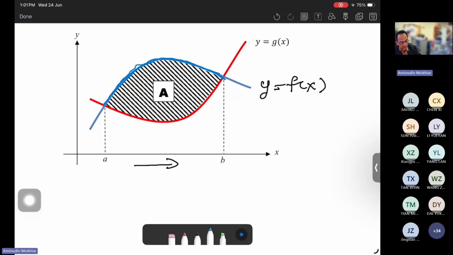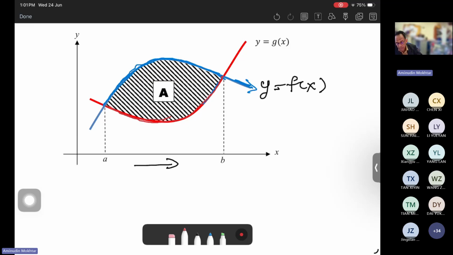this upper boundary of this area belongs to f(x). And then the lower curve, the lower boundary of this area, as you can see, the red one, belongs to g(x).